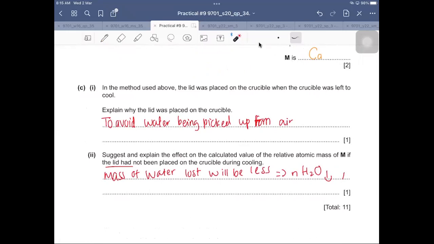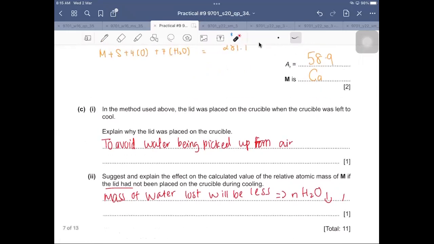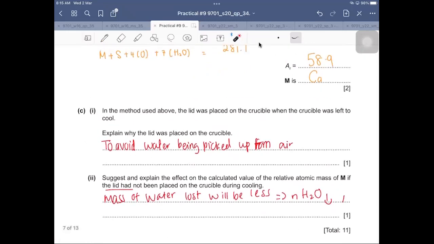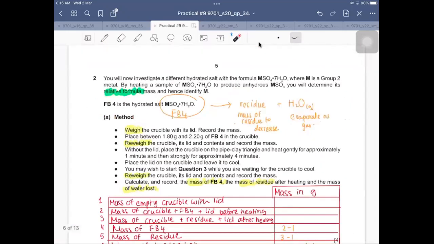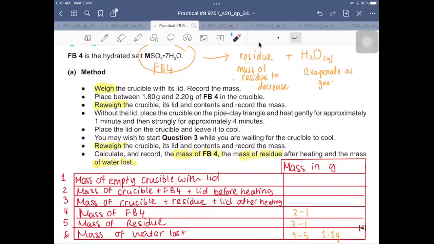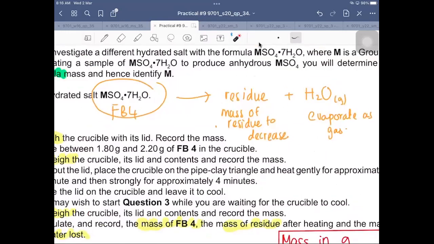That's the reason students always put. Now, we actually want the water to escape. We want it to evaporate as gas. Otherwise, if we don't let the H2O escape, then it will affect the mass of our residue.